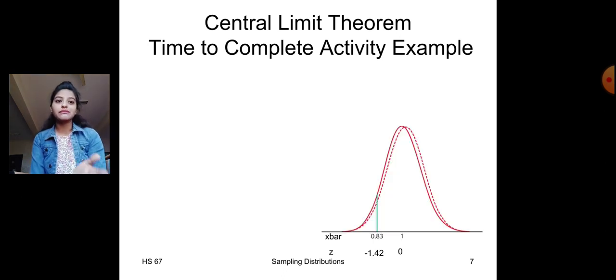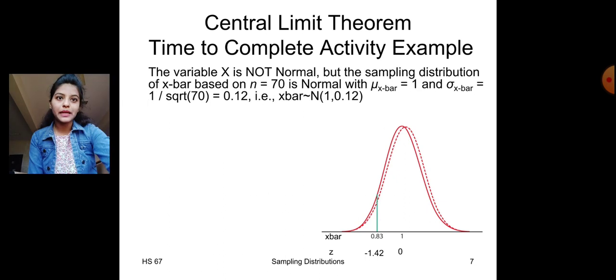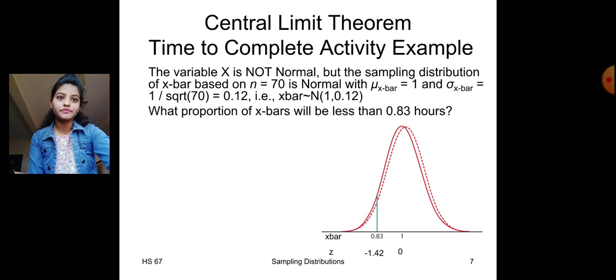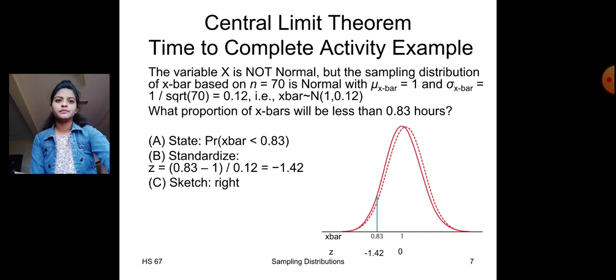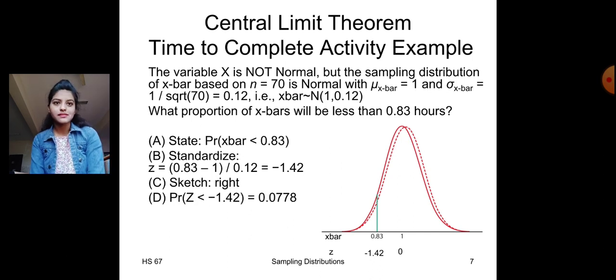Next, one more activity is given, how to calculate an example, and this can be shown in this way. Here x is not normal, whatever variables we are taking, that x is not normal, and the sampling distribution of x bar is based on n equals 70 and mu of x bar equals 1, and the standard deviation is 1 upon square root of 70.